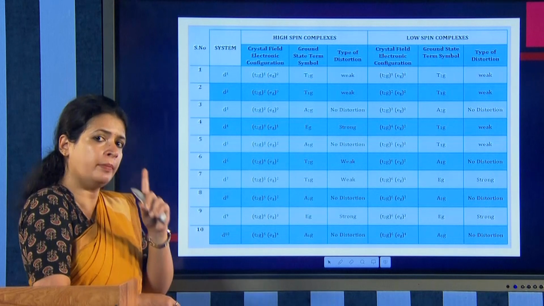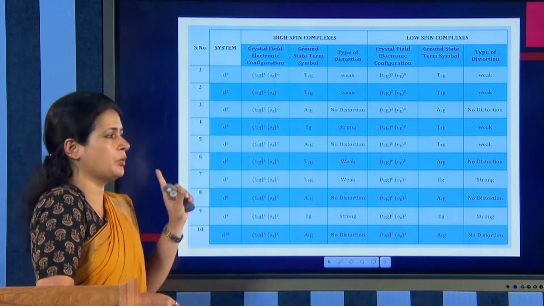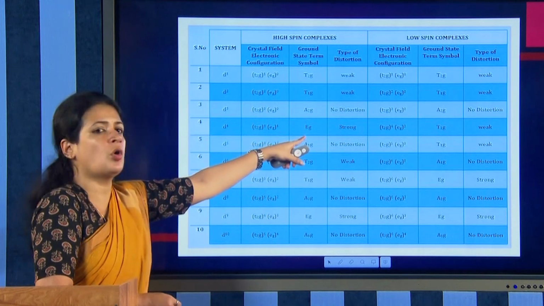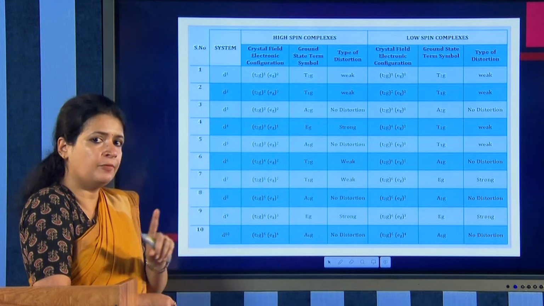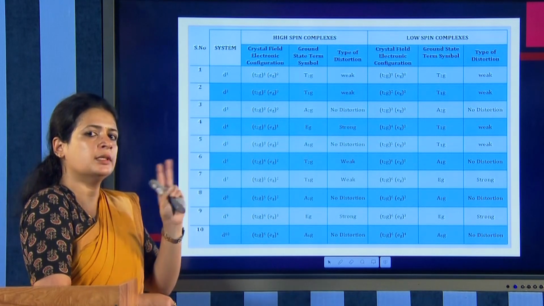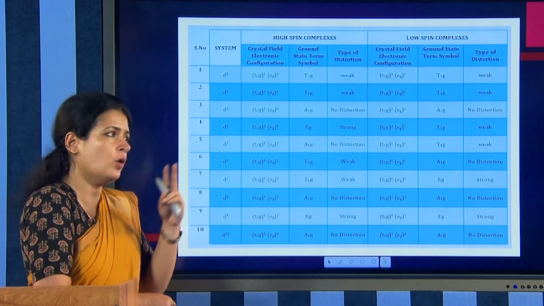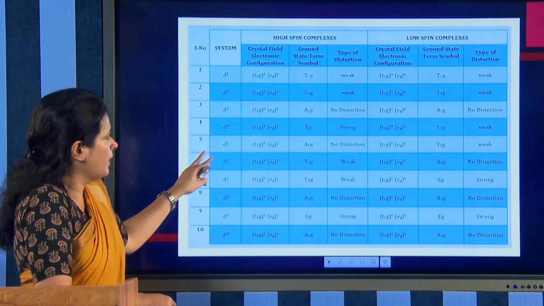That single electron may occupy either dx square minus y square or dz square. That is why there is a strong distortion in the case of d4 high spin, because the 4th electron may occupy either dx square minus y square or dz square.